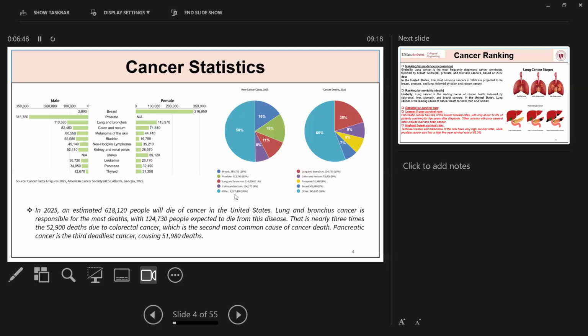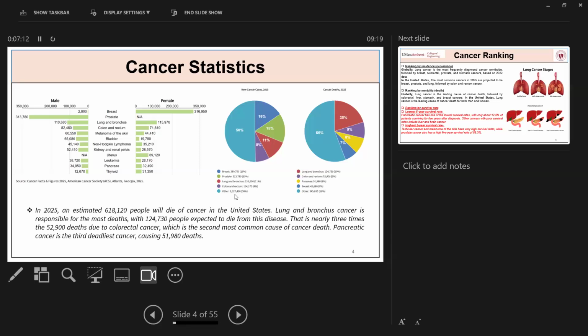Yeah. So this slide mainly represents the statistics of cancer worldwide and is most focused on the United States, as I stay here now and do a lot of research. As you see, in 2025, an estimated 618,000 people will die of cancer in the United States.